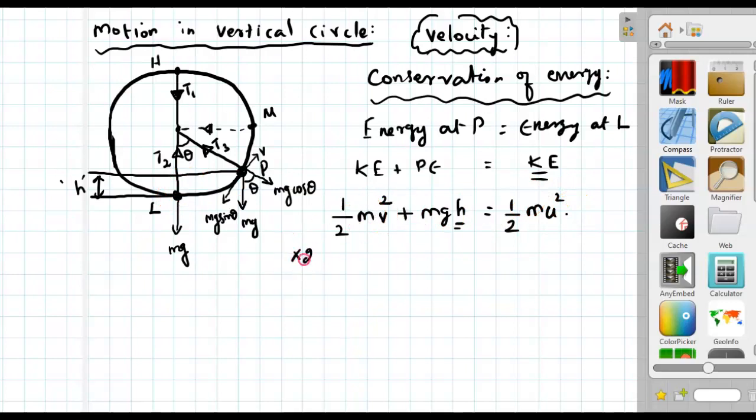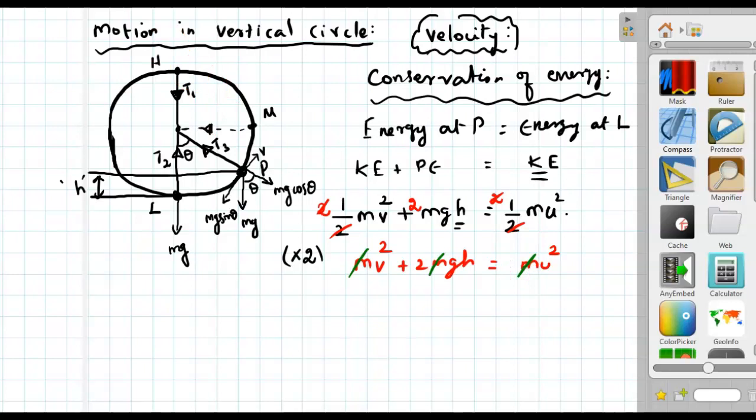Now I want to multiply the complete formula by 2. So I multiply by 2 here, here and here. These 2s cancel. So finally the formula is m v square plus 2mgh is equal to m u square. Then the mass is a constant factor, so I can cancel it.